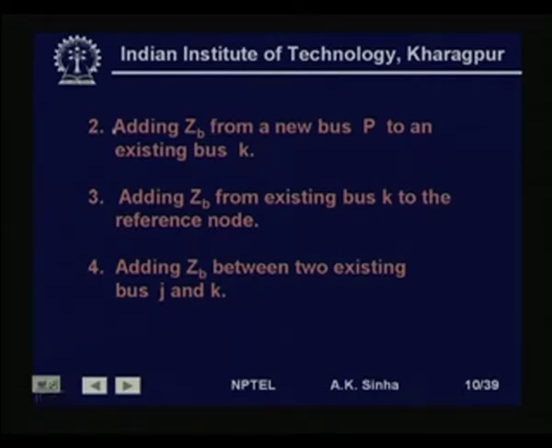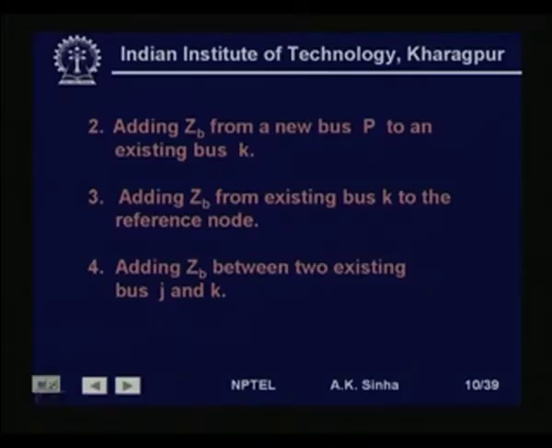Then type 2 modification is adding a branch with impedance ZB from a new bus P to an existing bus K. That is, we are again adding a new bus P, and from this bus P we have a branch connected to some other bus K, which is already in the existing network.